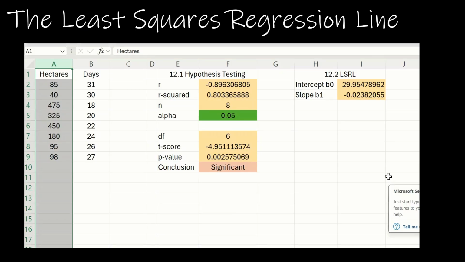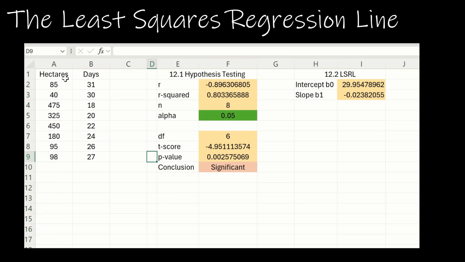Now, as you can see, I've entered my data into A and B, and everything has calculated for me. The only thing I had to do was paste the data and put in the alpha level, and everything says, yes, this is significant. Here's my intercept, here's my slope. However, we have made an error in this case. Think about which variable affects which variable.